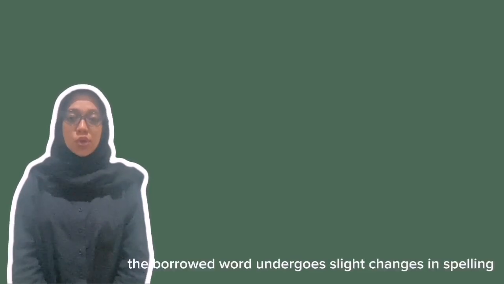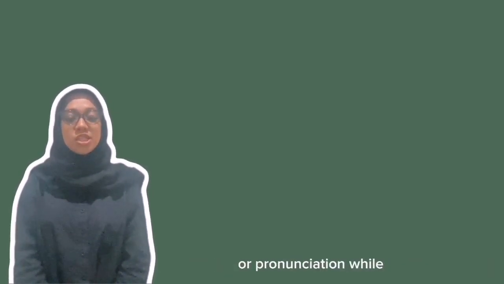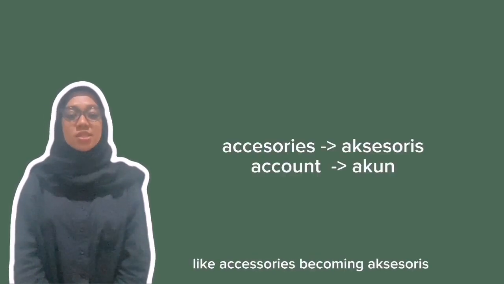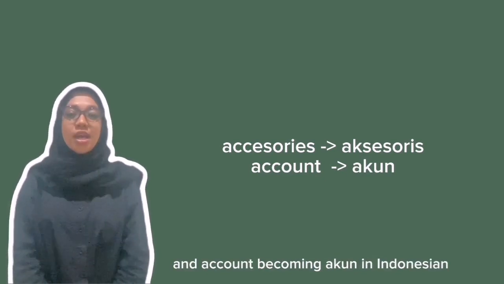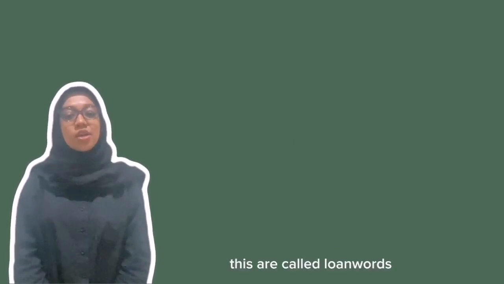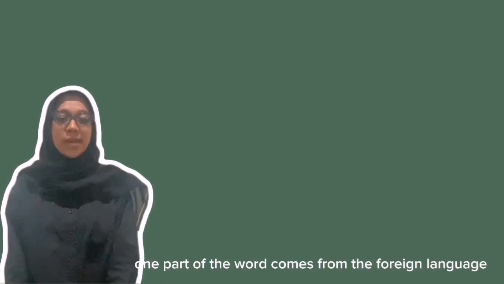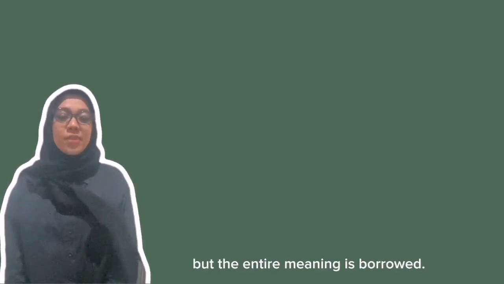Other times, the borrowed word undergoes slight change in spelling or pronunciation while retaining its original meaning, like accessories becoming accessories and account becoming akun in Indonesian. These are called mixed loan words. Finally, there's loan blending where one part of the word comes from the borrowing language and the other from the receptor language, but the entire meaning is borrowed.